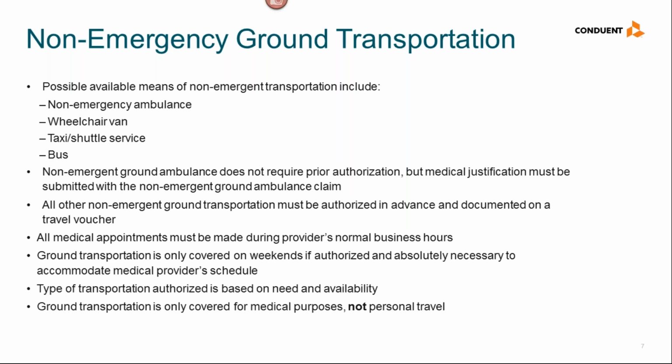Those services are billed after the fact, after the rides are provided, and they just use medical justification. So that is not something you would be authorizing. But everything else, wheelchair van, taxi or shuttle or bus, all need to be authorized in advance and need to be documented on a travel voucher that the member or their escort gives to the transportation provider.